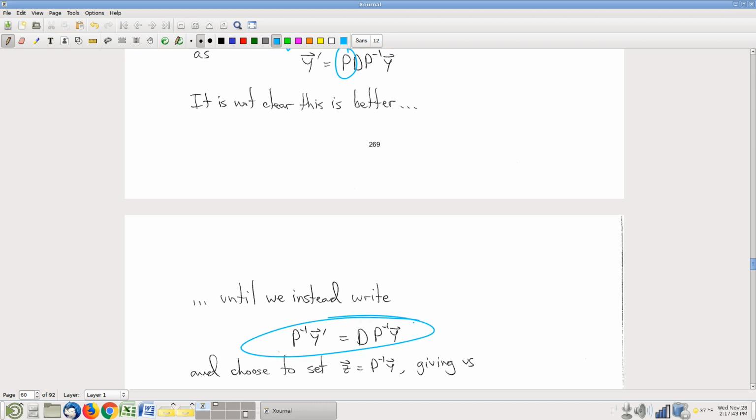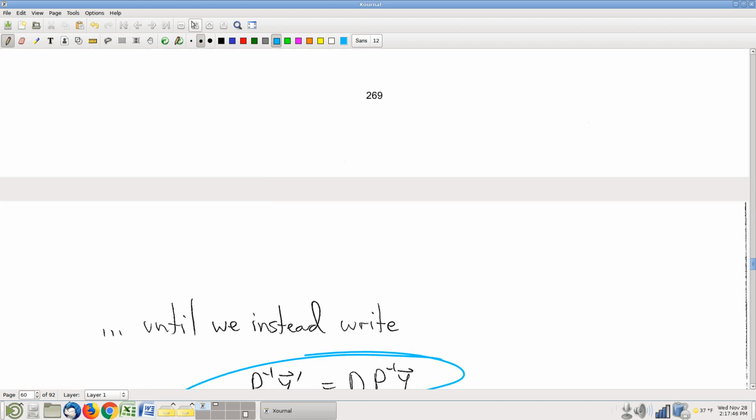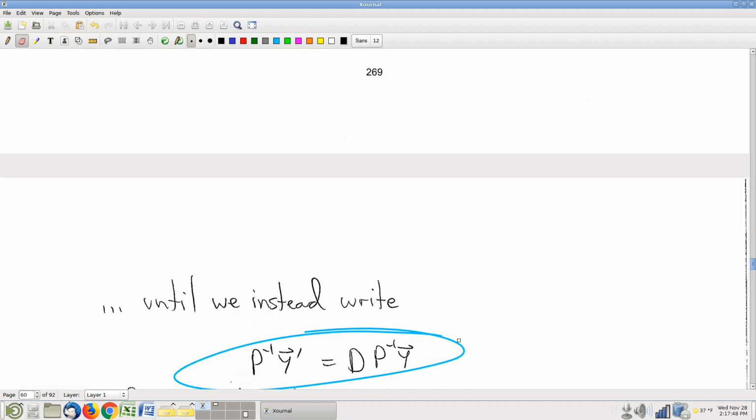And at this point now, does that equation look simpler? Not clear immediately. Right, it still looks like it'd be hard to solve for y, because there's a bunch of stuff going on here. Now the slick move is to do a substitution. Notice that P inverse y appears twice in the same form. Right?